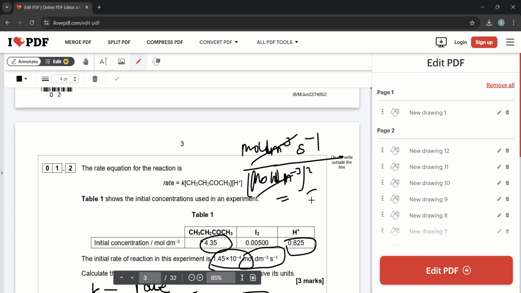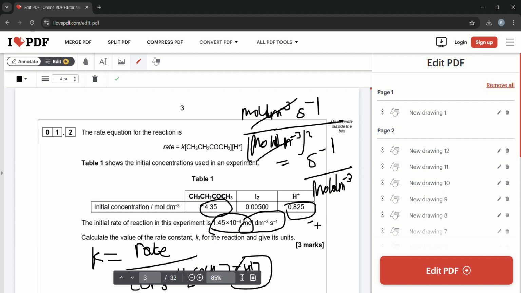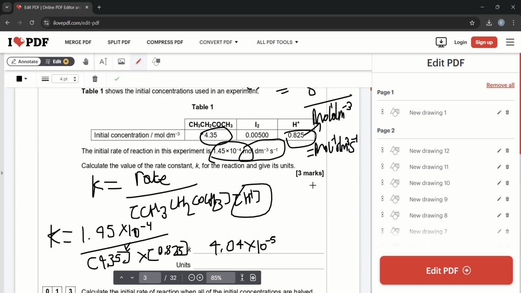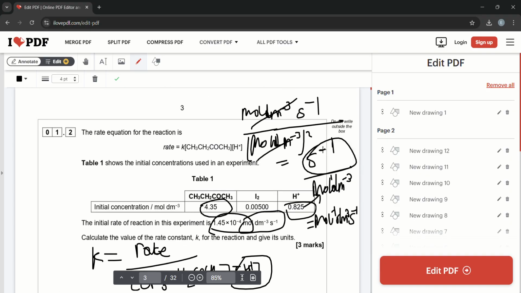So we get s^-1 over mol dm^-3, and therefore we get mol^-1 dm^3 s^-1. The reason it's mol^-1 dm^3 is because this is the denominator, so you're going to do the opposite. So its final units are mol^-1 dm^3 s^-1. The s^-1 remains the same because that is the numerator.